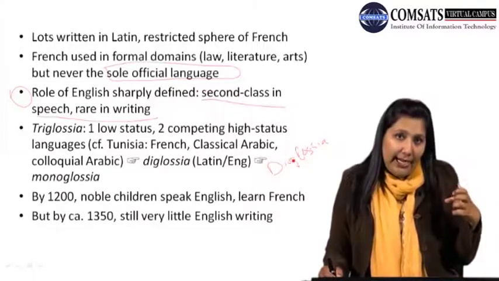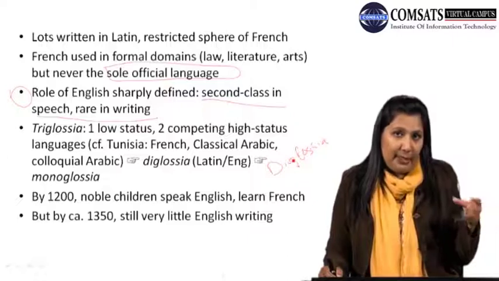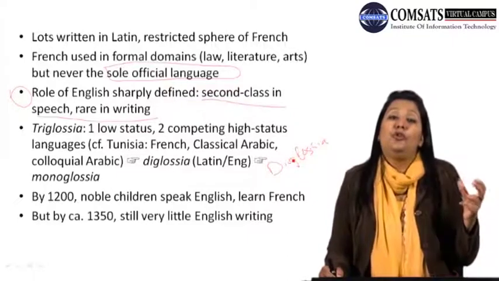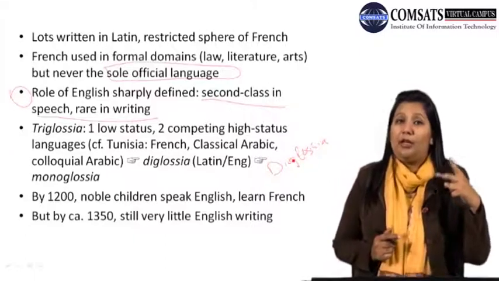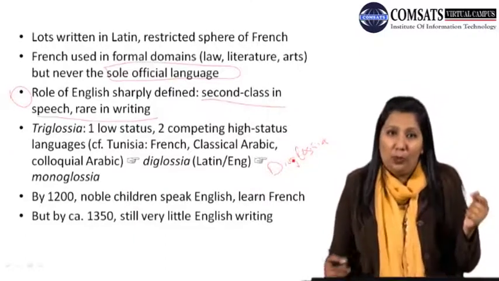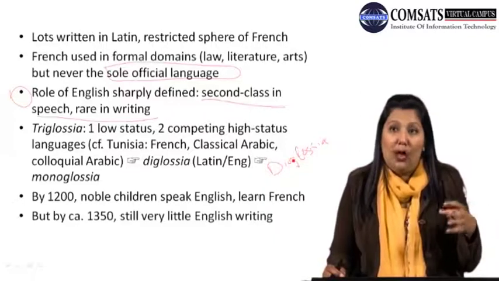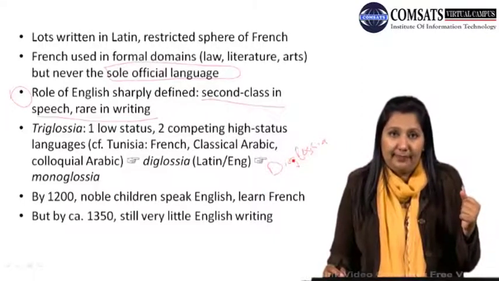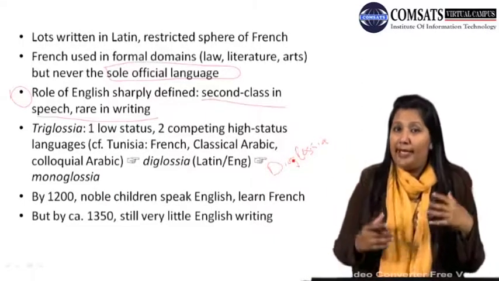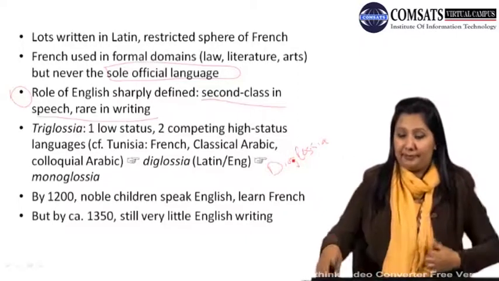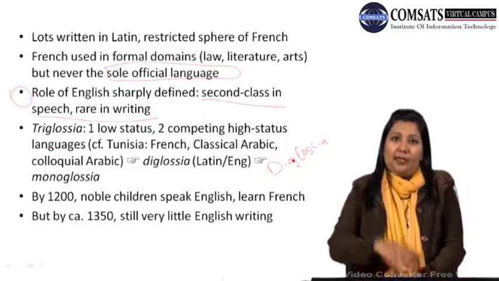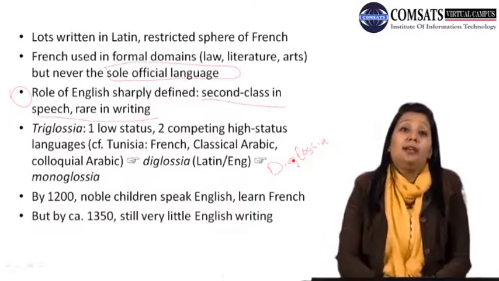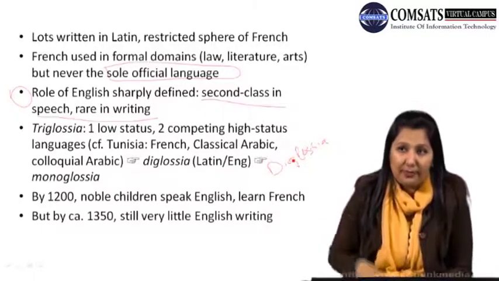Diglossia is a kind of situation where two varieties of one language coexist. One is the low variety and the other is the high variety. That situation would be known as a diglossic situation.